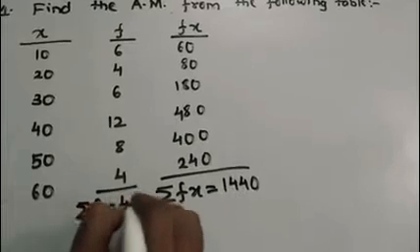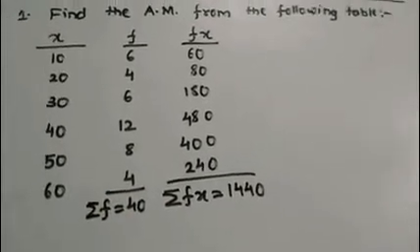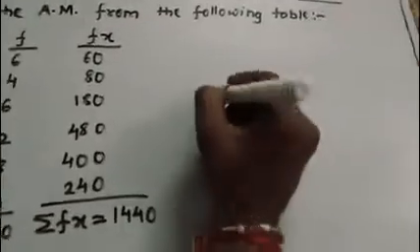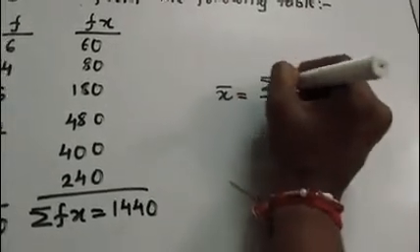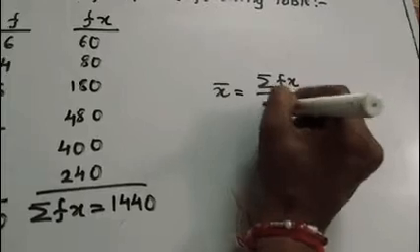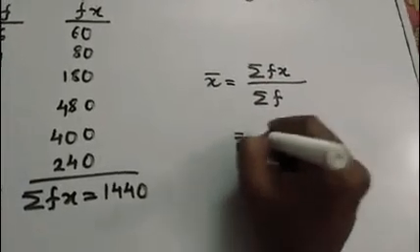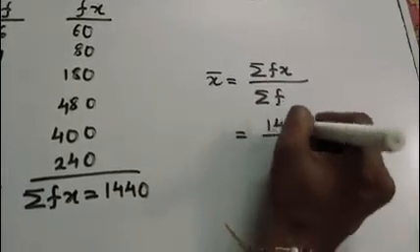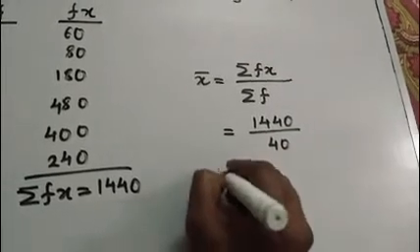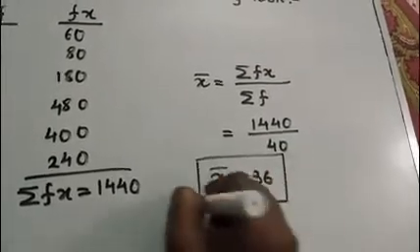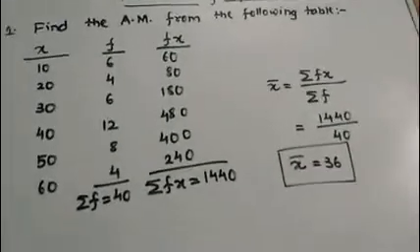After adding we get 40. So now we have to use the arithmetic mean formula. x bar equals summation over fx divided by summation over f. Summation over fx is 1440 divided by 40, that gives you 36. The answer is 36. So clear about question number 1?